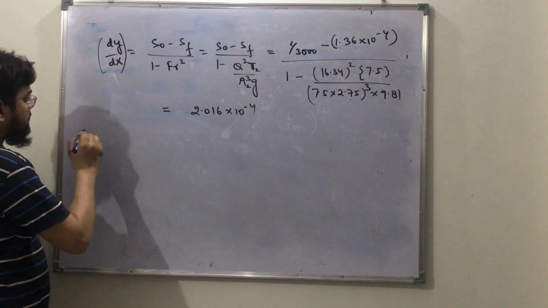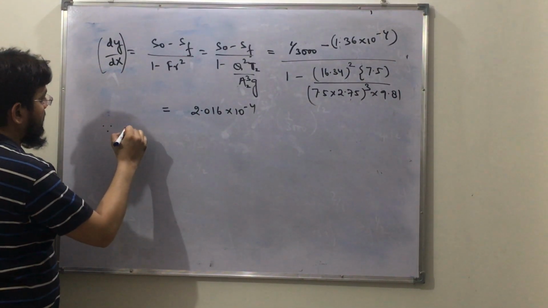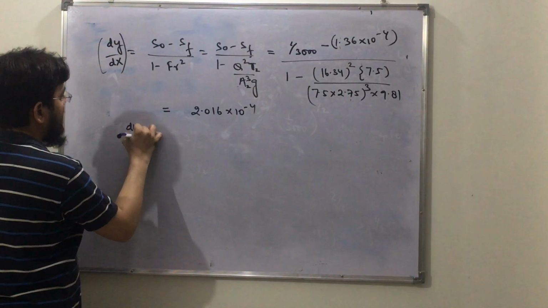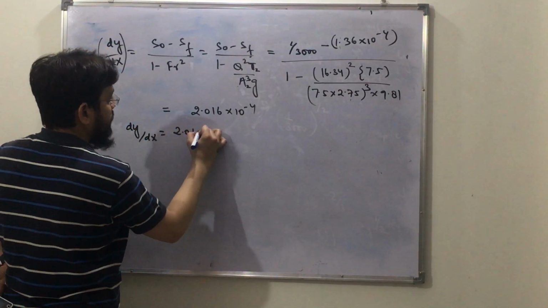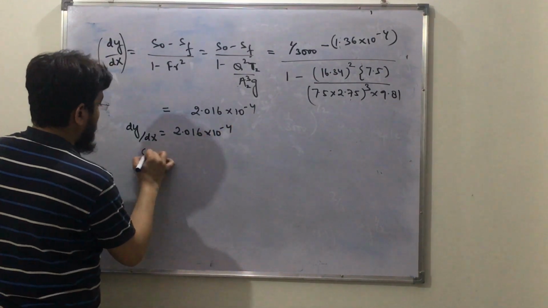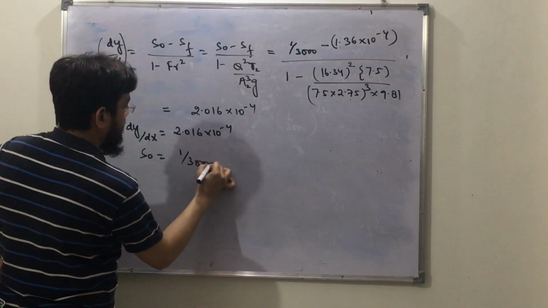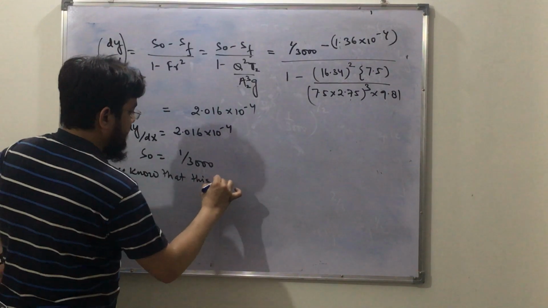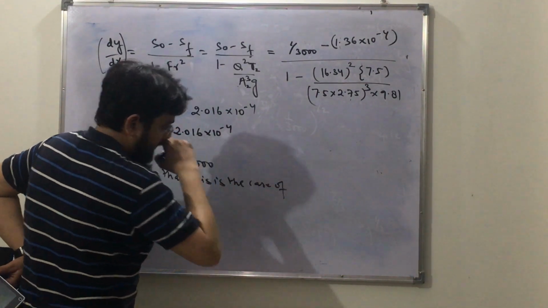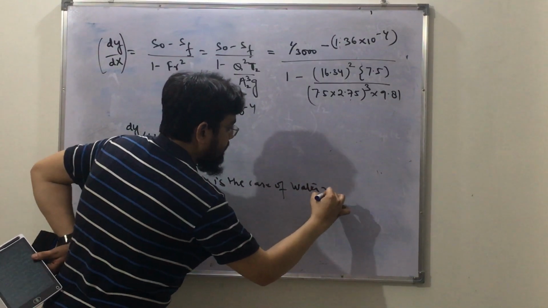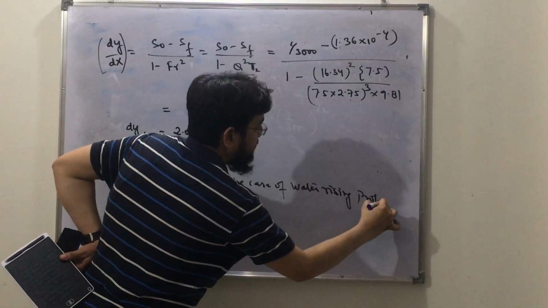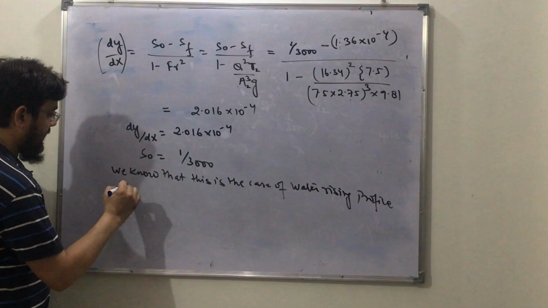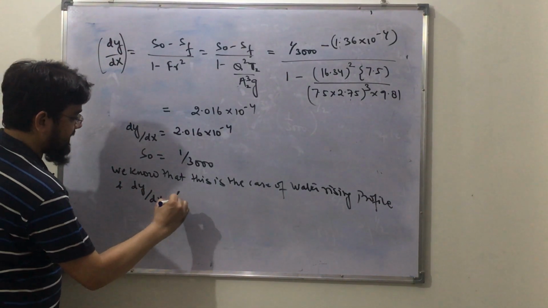Now since dy by dx is equal to 2.016 into 10 to the power minus 4, and S naught is equal to 1 in 3000, we know that this is a case of a water rising profile, and dy by dx is less than S naught.